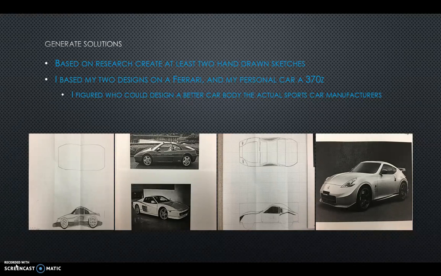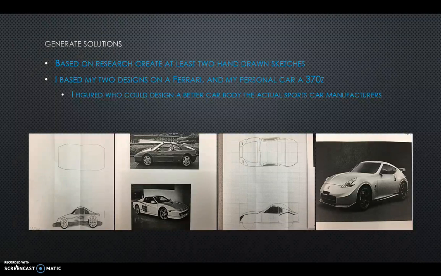Next is to generate solutions. At this point, you want to have a general idea of the direction you're going to go with your design. I thought, who better to perfect an aerodynamic car than a sports car company of today that manufactures sports cars.